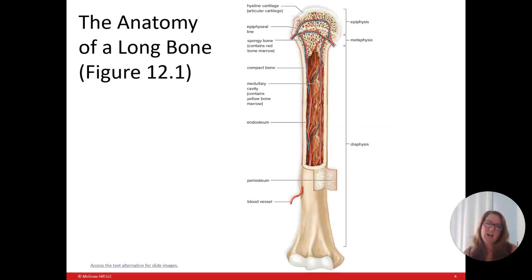All right. Okay, so let's take a look at what the figure is called, the anatomy of the long bone. And we can essentially look at this figure and learn a lot of terms. I don't know about you, but I can look at words until I am blurry in the eyes and I'm like, oh my God, another term.